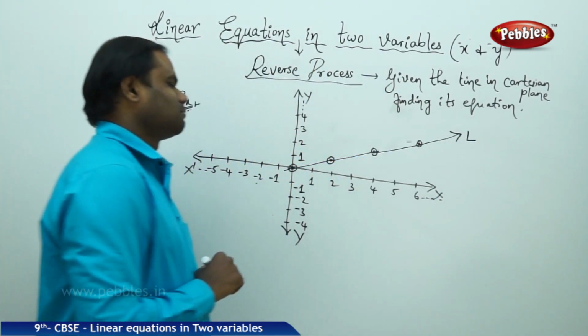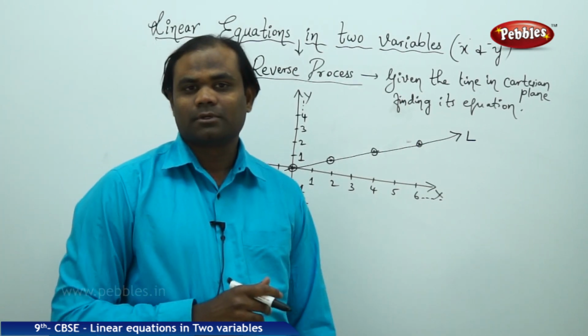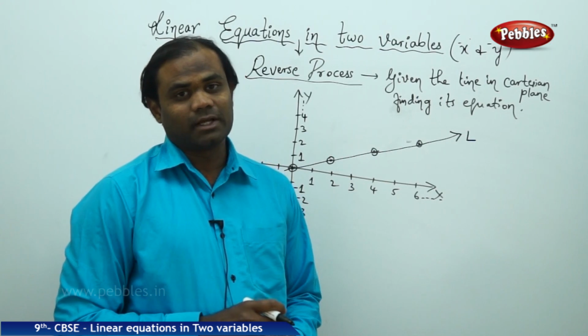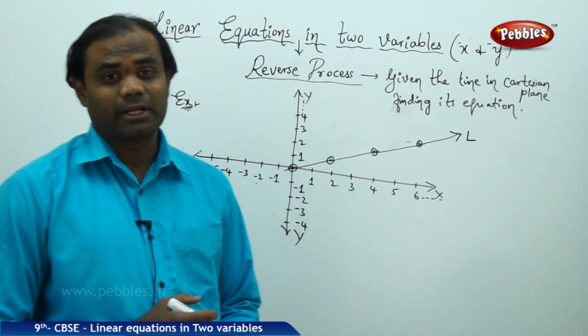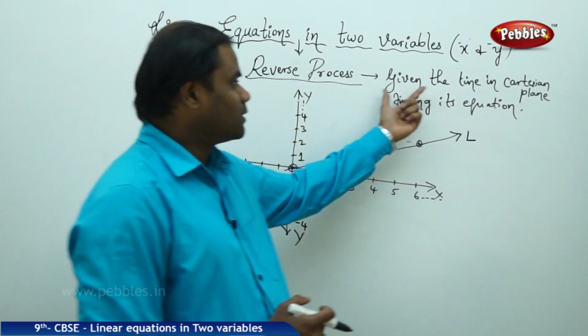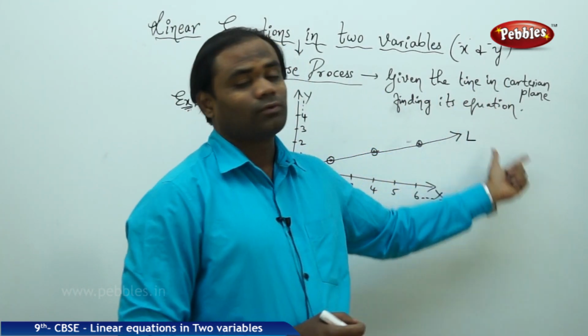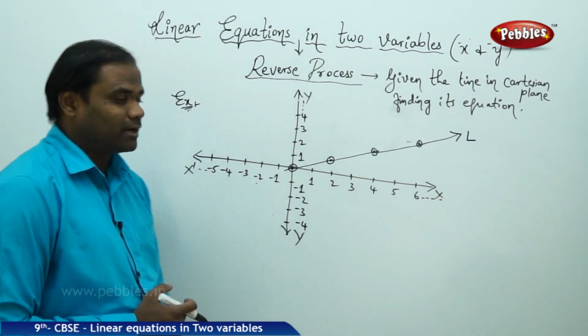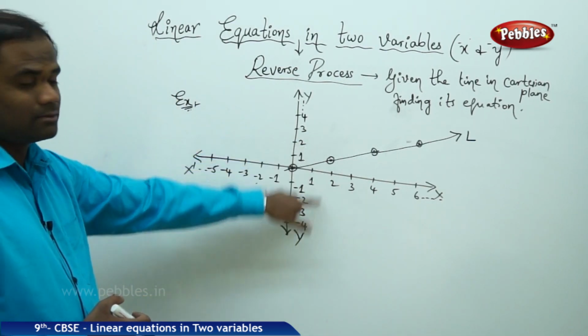Here is the line. Here is the Cartesian plane. Now my question is, what will be the equation of this line? Is how I understand the reverse process of understanding that given the line in Cartesian plane, how to find its equation. So let's see how we can find the equation of this line L.